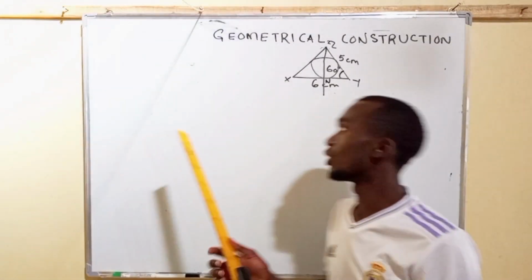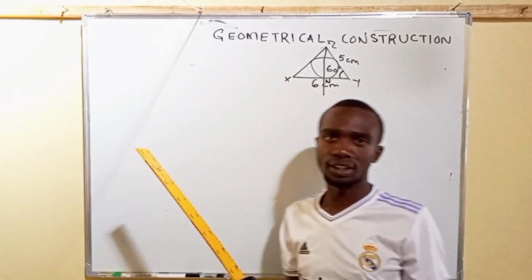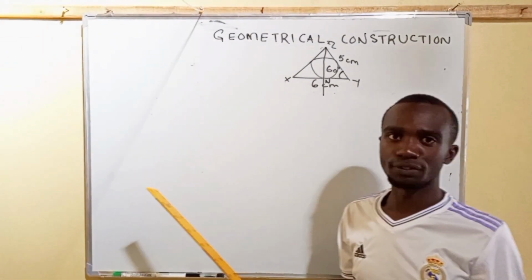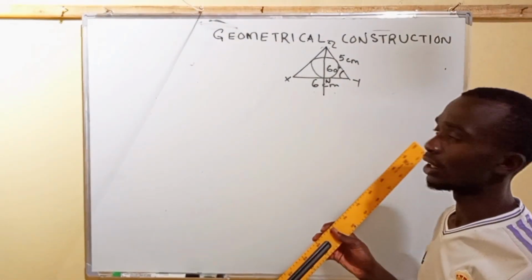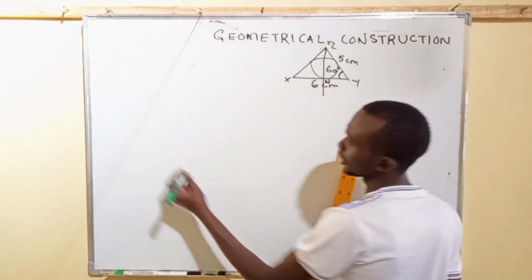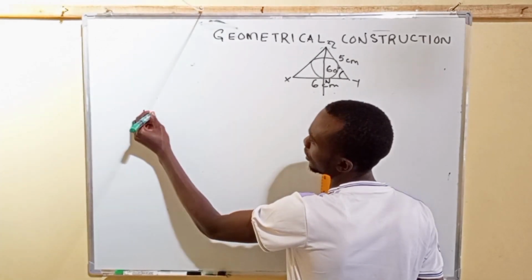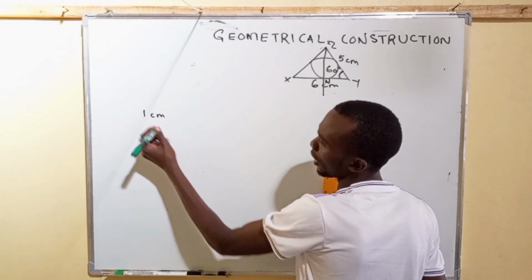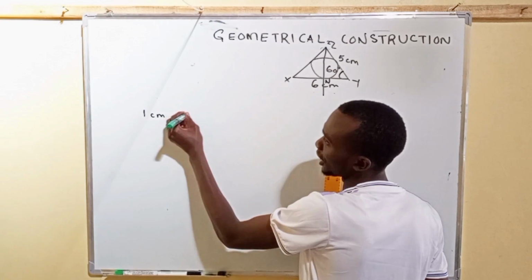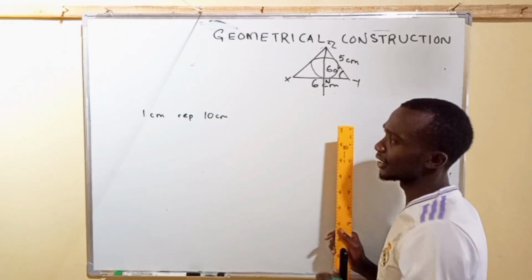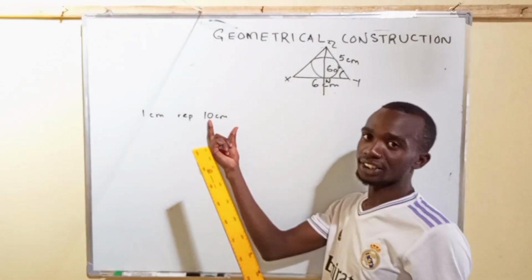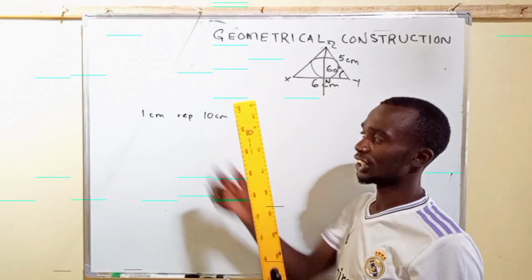I can't use a scale of 1 centimeter, because it will be very minute, very small, and cannot be seen easily. So I am going to use a scale where 1 centimeter is represented by 10 centimeters. I mean that for every 10 centimeters that I use on the ruler, that represents 1 centimeter.